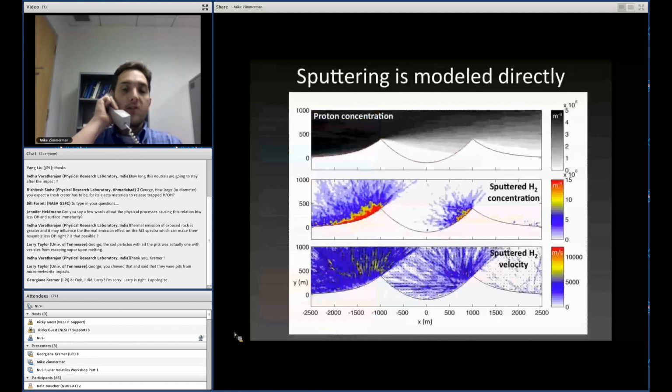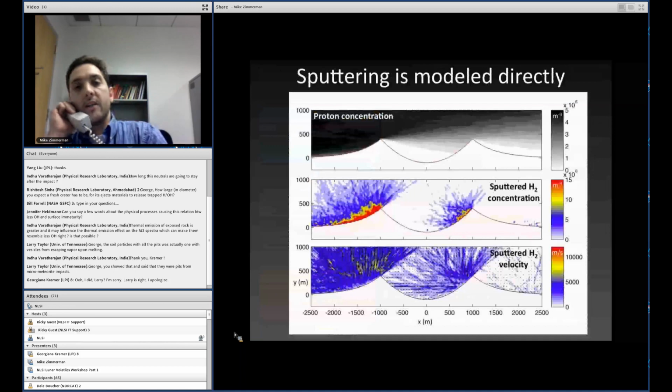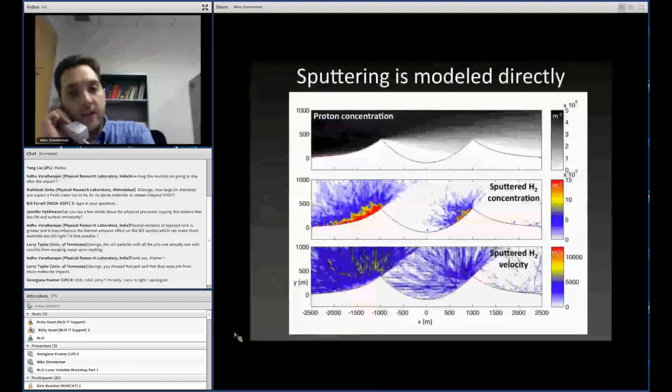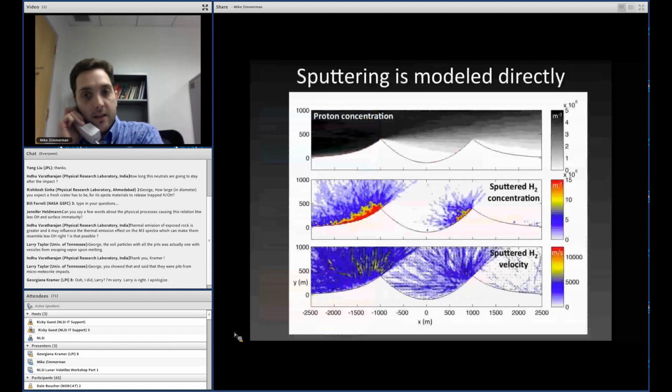You have an H2 concentration in the middle panel and velocity in the bottom panel. Some of the protons are also diverted into the crater, and they hit the downstream rim at about positive 1,000 meters in X, and that also drives some sputtering. This is using the Zimmerman 1969 sputtering distribution, and we get velocities that far exceed the escape velocity for the moon.